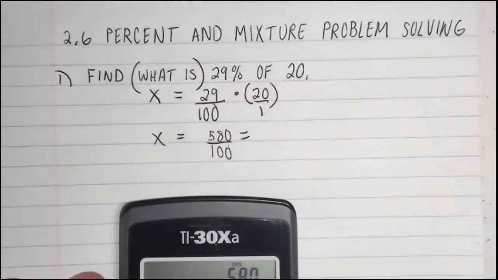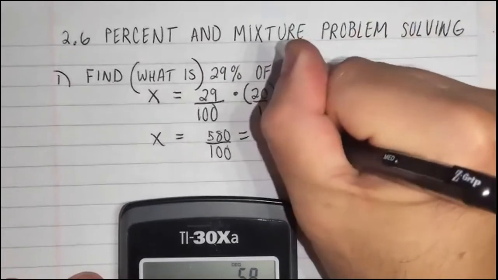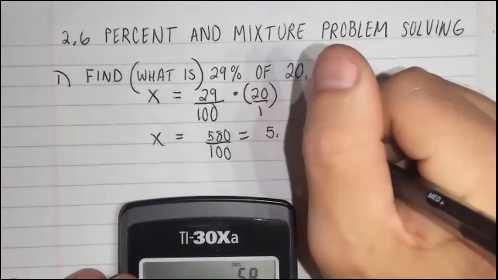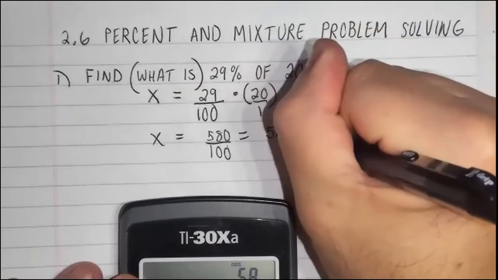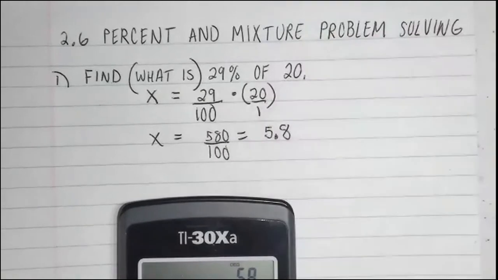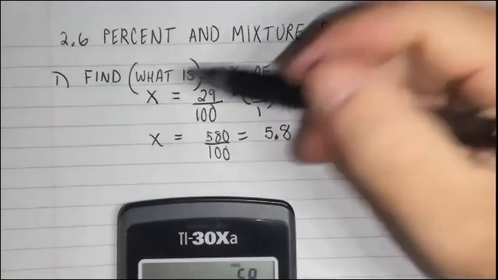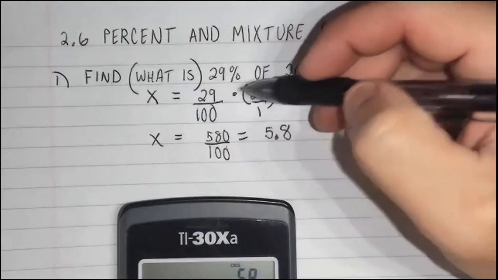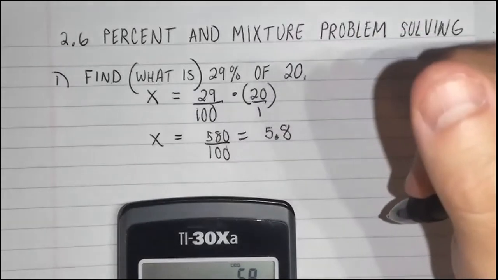So you're doing 580 divided by 100, and you're going to get 5.8 as your answer for that. So what it's saying is 5.8 is 29% of 20.